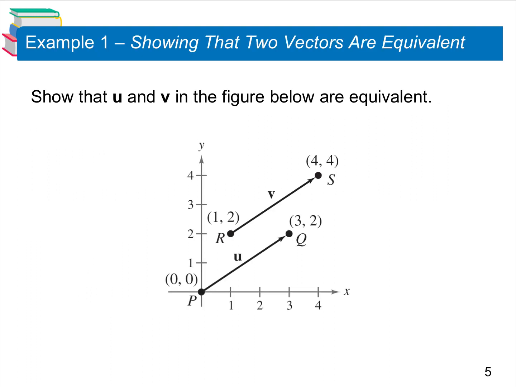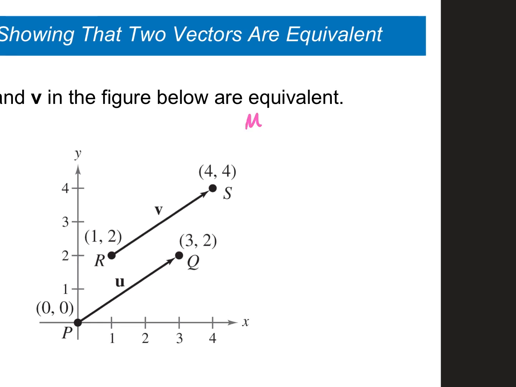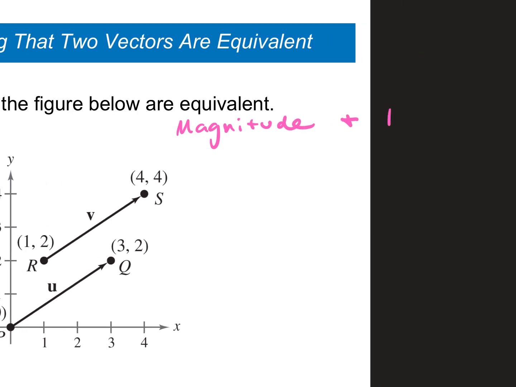In example 1, it says, show that U and V in the figure below are equivalent. Well, in order for it to be equivalent, we need the same magnitude and the same what? Direction. Magnitude talks about length. And direction, what do you think direction goes with?